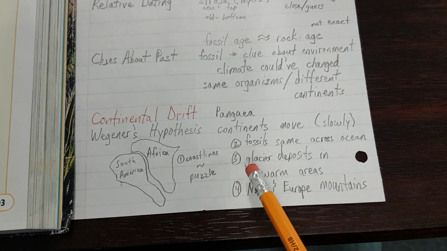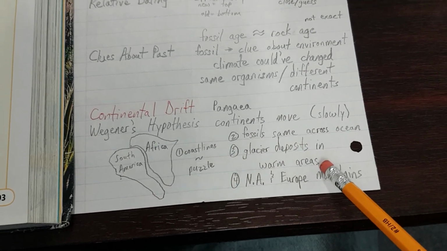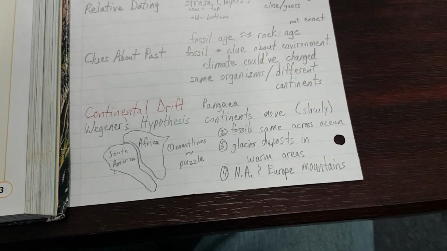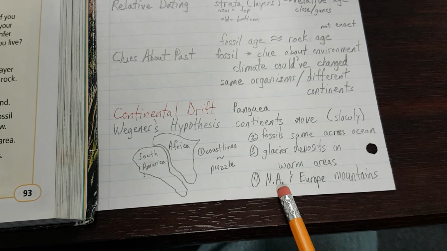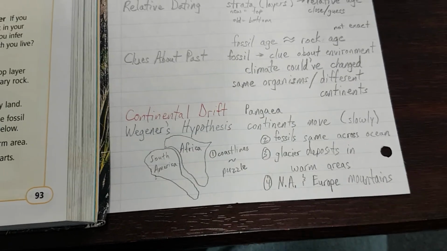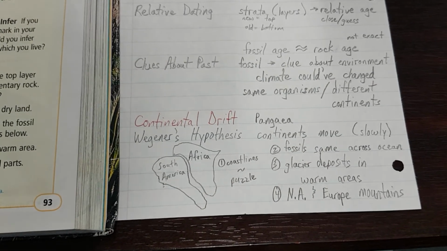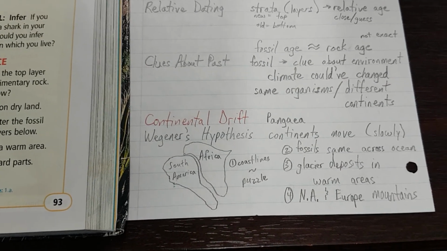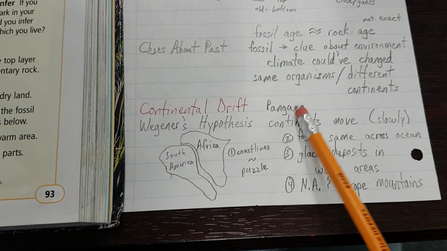Third, people were finding glacier deposits in warm areas, so it must have been much colder and much different in the ancient past. Finally, the North American and Europe mountains sometimes match up, kind of like the puzzle pieces of the coastline. Wegener's hypothesis was that there used to be one giant landmass long ago, and he called it Pangaea.